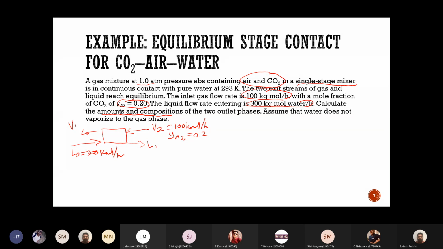Now we're going to make a few assumptions. Remember, when writing this in a test or in an exam, you don't necessarily need to write all the assumptions, because it's sort of understood that these are the assumptions you are making. However, in your assignment you must list all the assumptions and justify them.